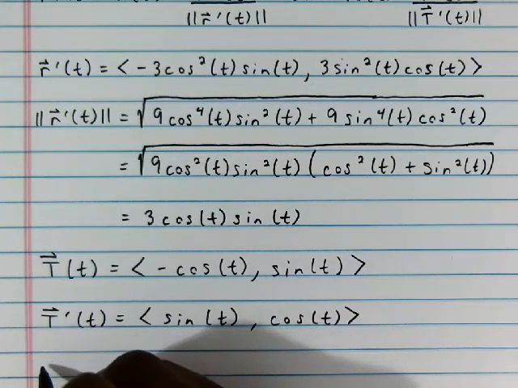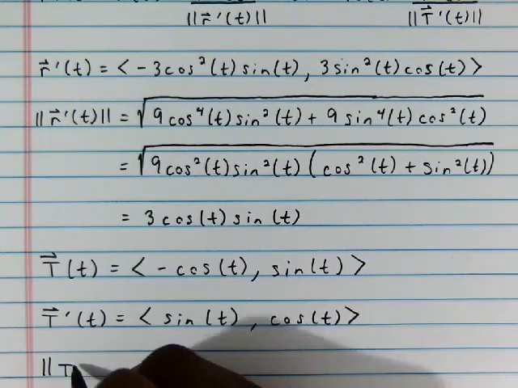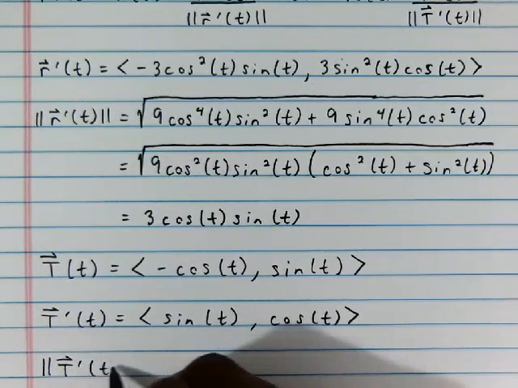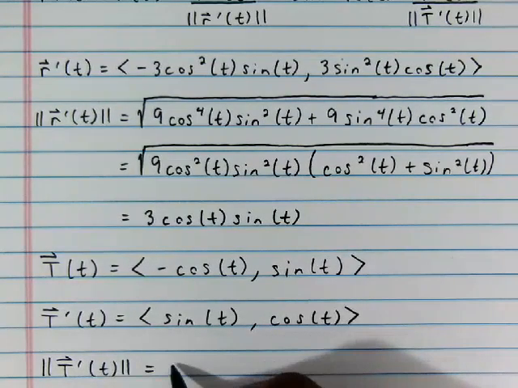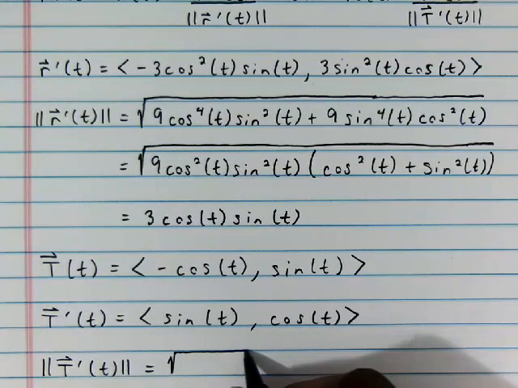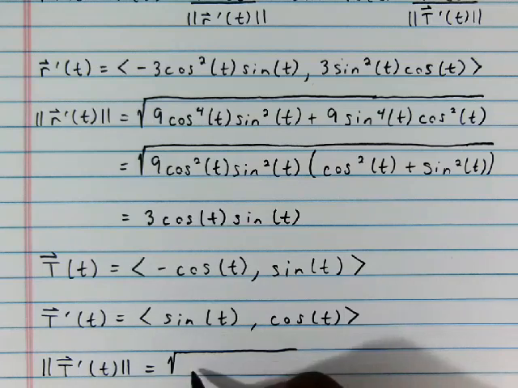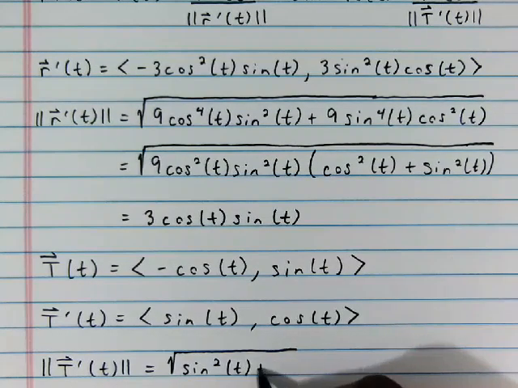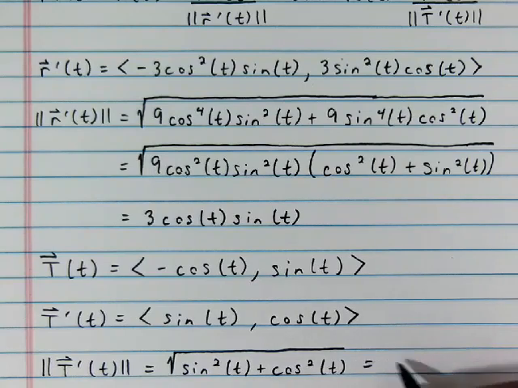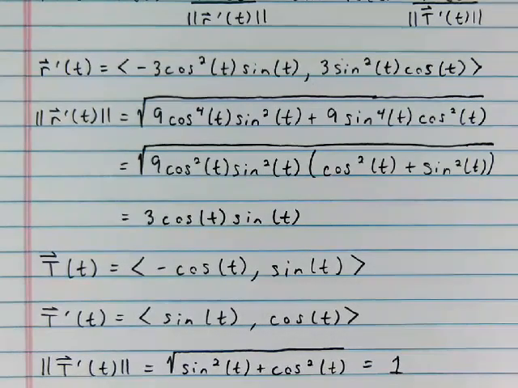So the magnitude of T prime of t, we're going to use our favorite trig identity again. This ends up being the square root of sine squared of t plus cosine squared of t, which is just the square root of 1, which is just 1.